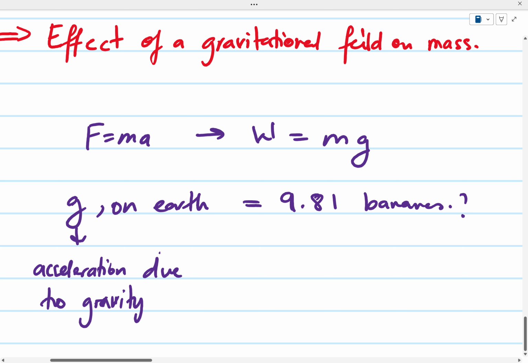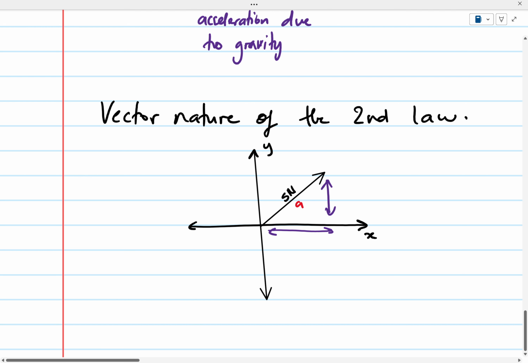Let's call this vector A. AX would be equal to A cos theta, and AY would be equal to A sine theta.